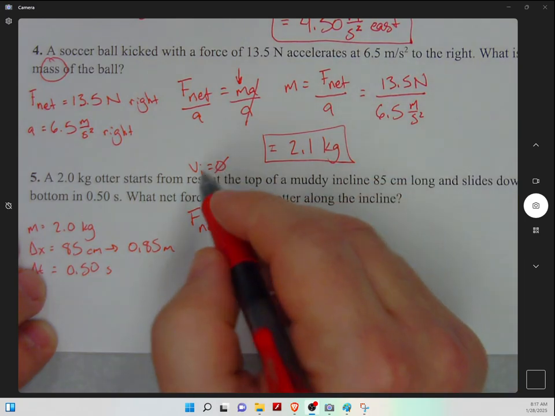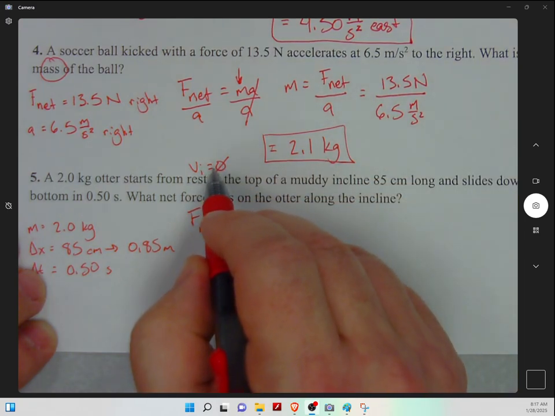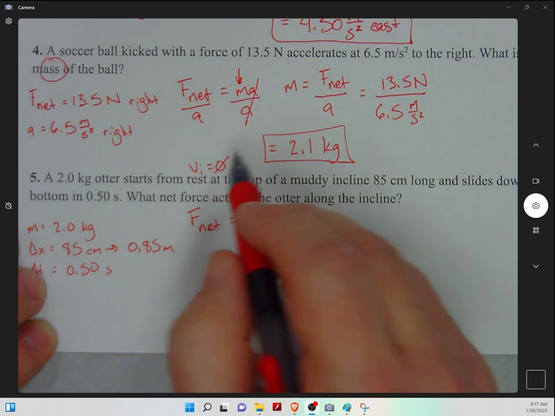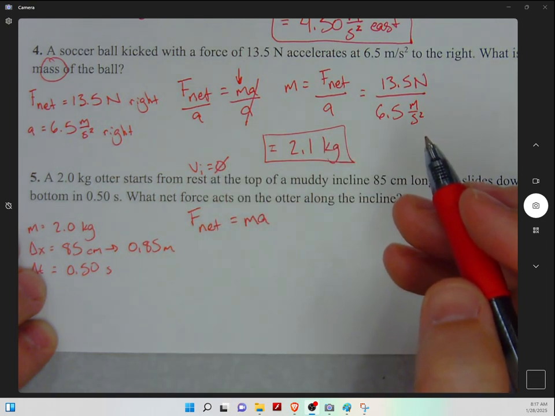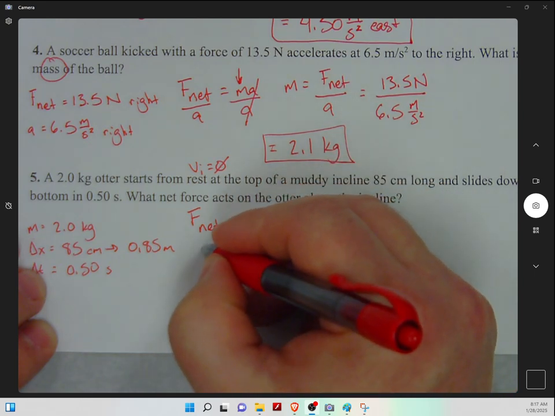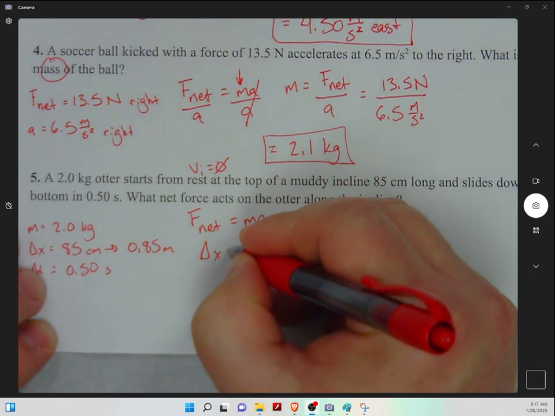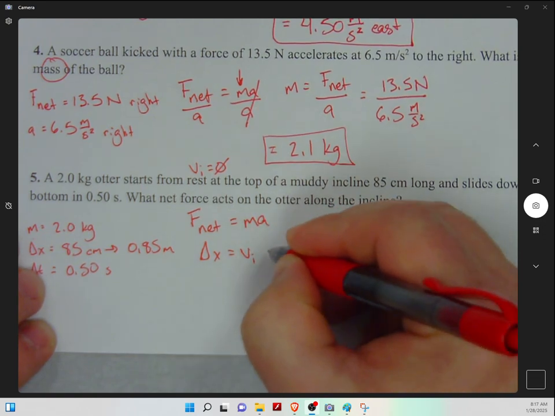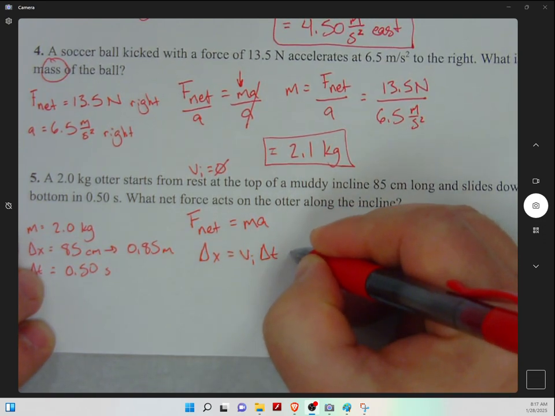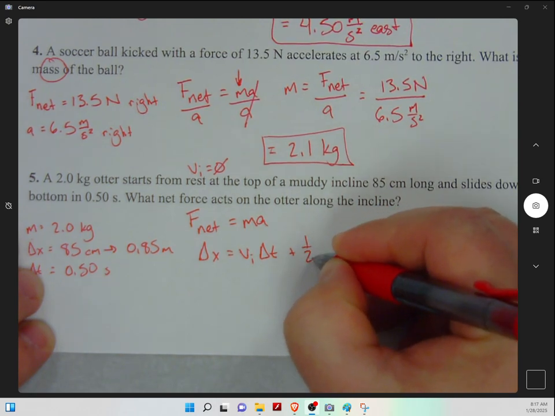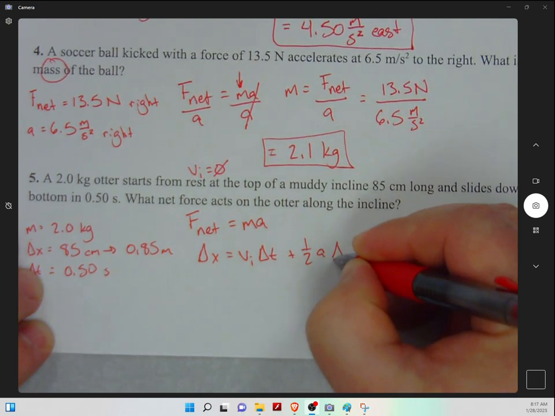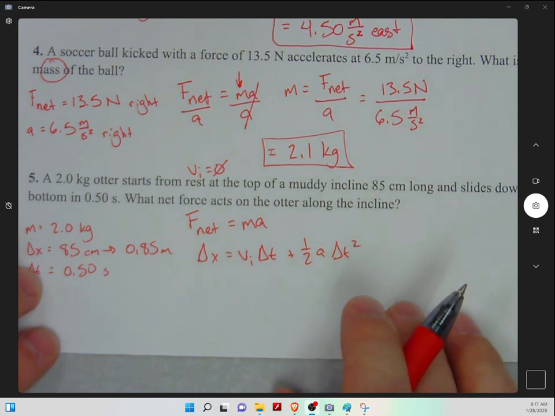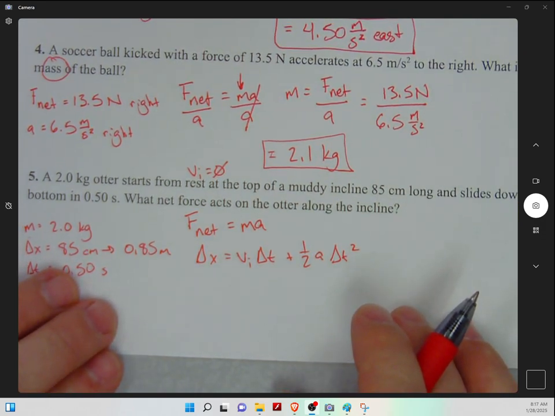Now, if the object is starting from rest, right? From rest. And so that would be delta x is equal to vi delta t plus 1/2 a delta t squared. Right, so here's one of my favorite kinematics equations.